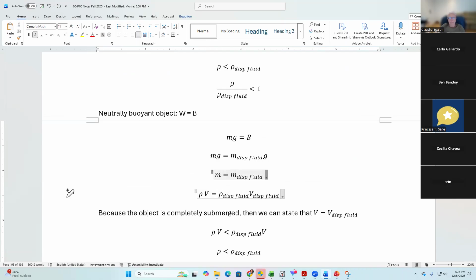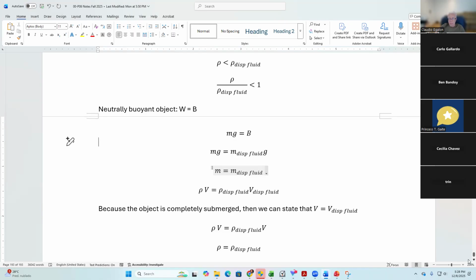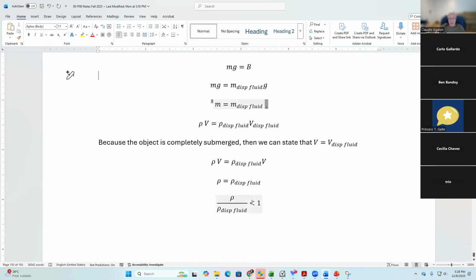It's just a different result because the condition is different. The volume of the displaced fluid must be equal to the volume of the object. And here you go. If you want to remain neutrally buoyant underwater, your density must be equal to the density of the fluid.